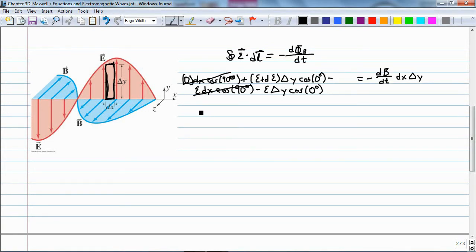So I'm going to have E plus dE. Cosine of 0 is just 1, so I'm going to have delta y minus E delta y is equal to negative change in magnetic field in time dx delta y.